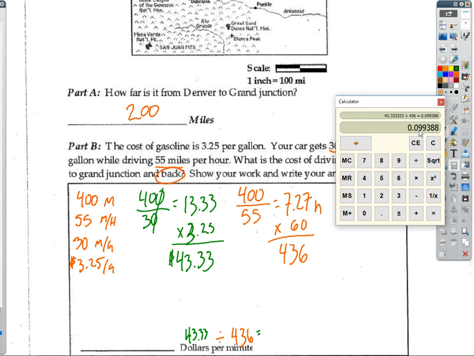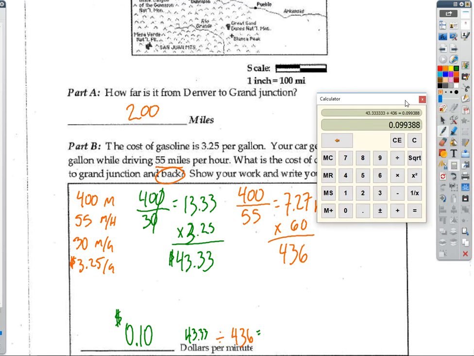Oh, that's 10 cents per minute. But we want dollars per minute. So that means for every minute I'm paying a dime. I'm not sure every minute on I-25 is worth a dime. I don't know. Alright, so we'll keep that in mind. We're going to have to use these numbers for our next problem. Pretty sure about that.